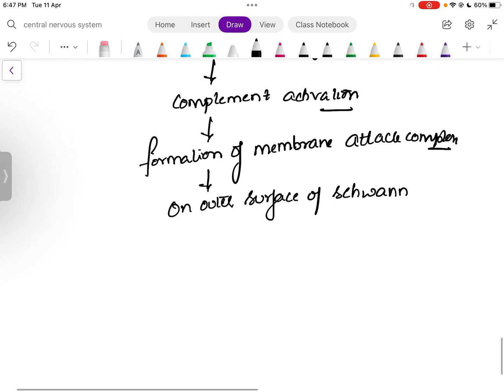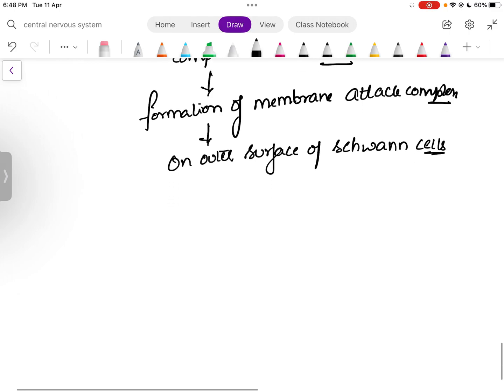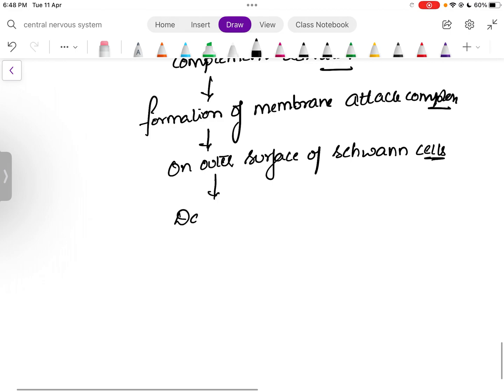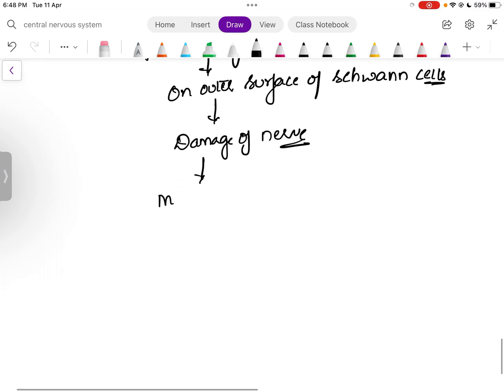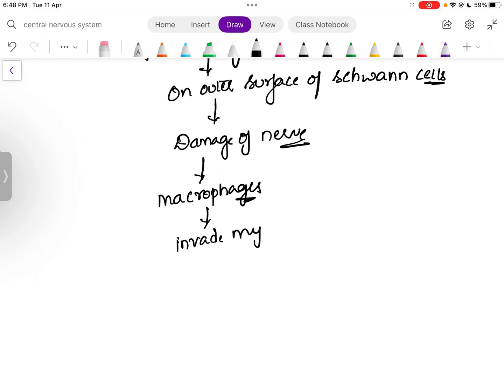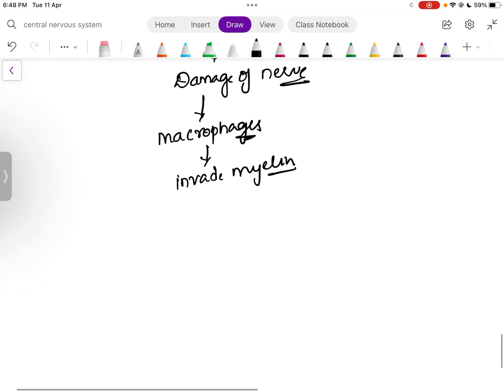What is the function of Schwann cells? They help in formation of myelin, and this causes damage of nerve. Due to the formation of membrane attack complex and damage of the nervous tissue, there is recruitment of macrophages. These macrophages will invade myelin, and as myelin is damaged due to the activation of complement system, this damaged myelin is removed.